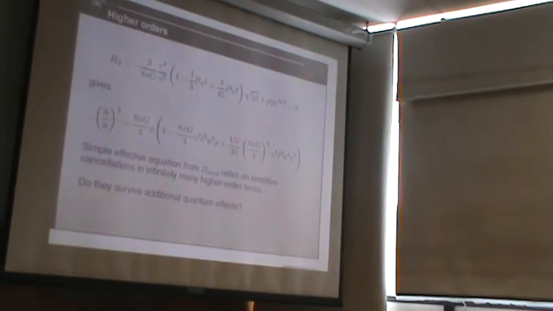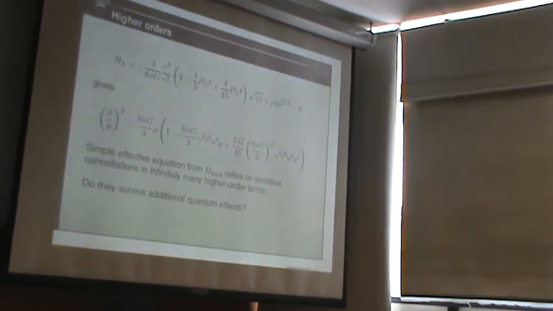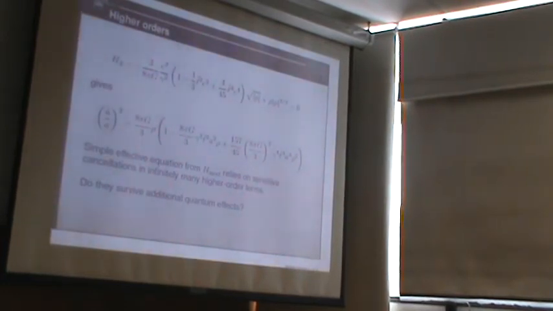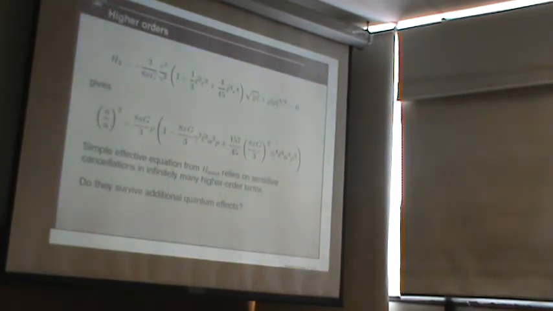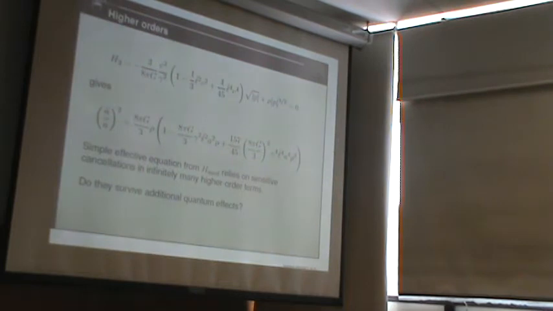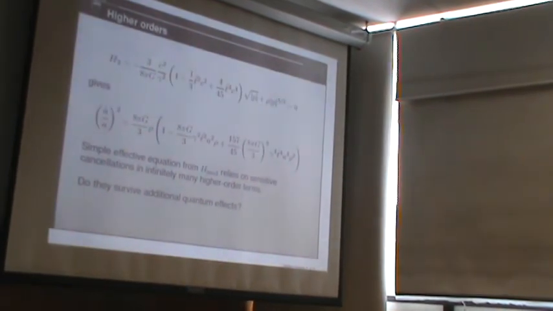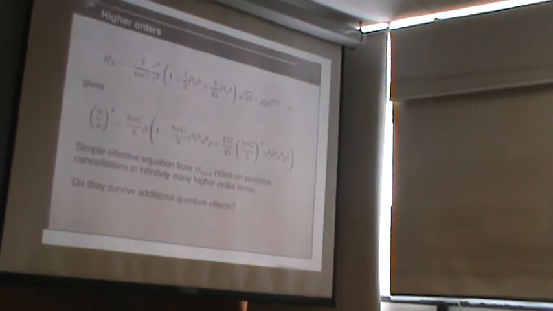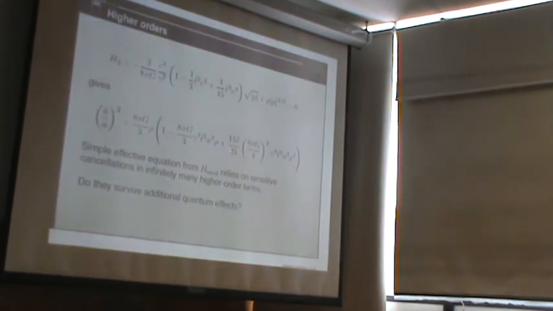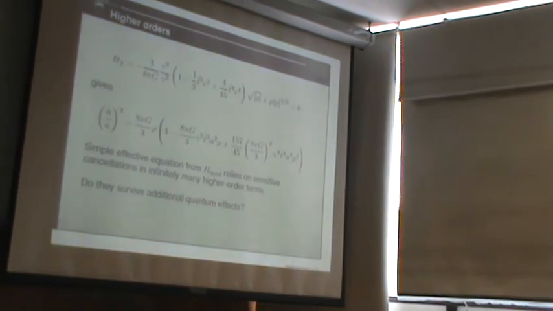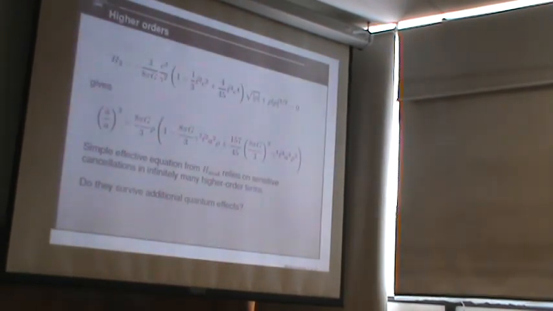Which is nice, of course, in this model, but it's also dangerous because if you just slightly modify the system, maybe with a spatial curvature term, or anisotropy, or actual quantum corrections, fluctuations, that would probably lead to different modifications of each of these terms, and you won't have these cancellations anymore. So that's why there's still a question of whether the results, like the bounds, actually survive if we include additional quantum effects.